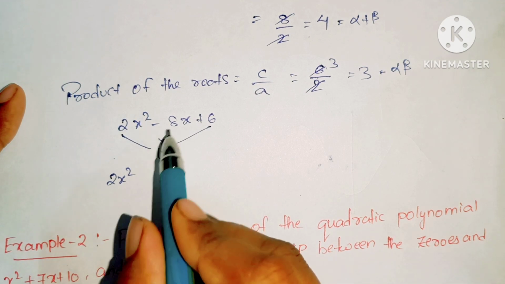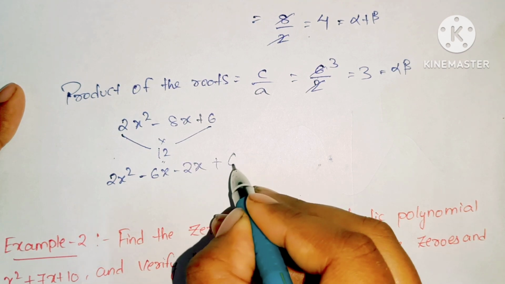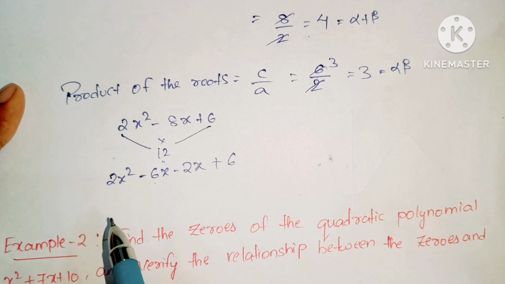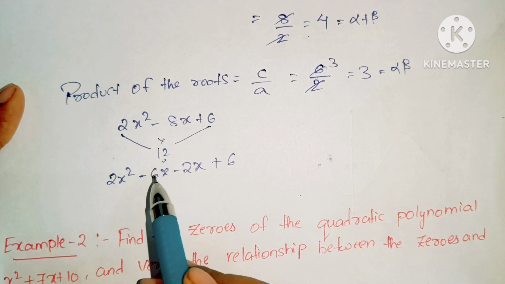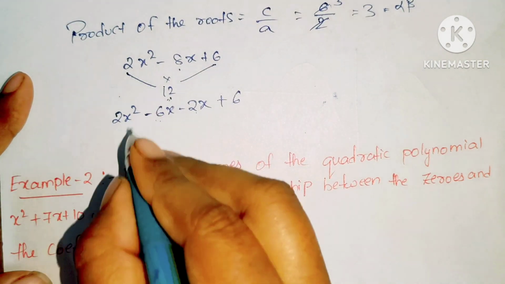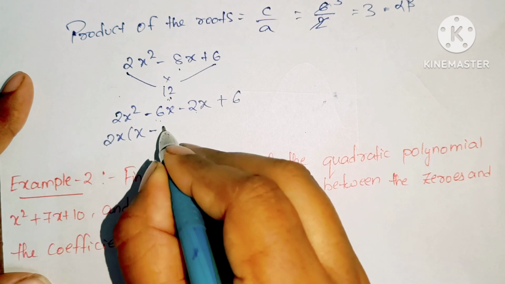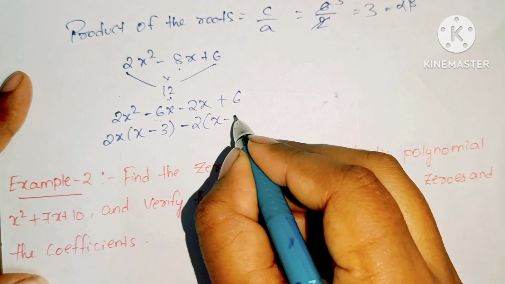Here it is written minus 8x, so minus 6x minus 2x plus 6. I split minus 8x into these two terms; by multiplying 6 and 2 you get 12, and minus 6 minus 2 gives minus 8. Understood? So see here, what common factor will you get? 2x, then x minus 3; in this minus 2 you get x minus 3.